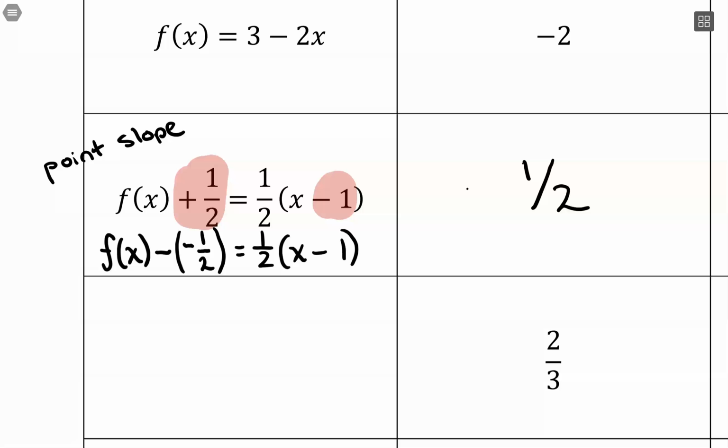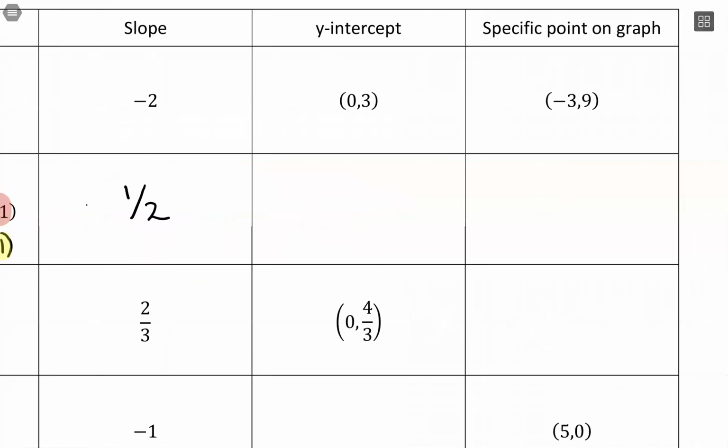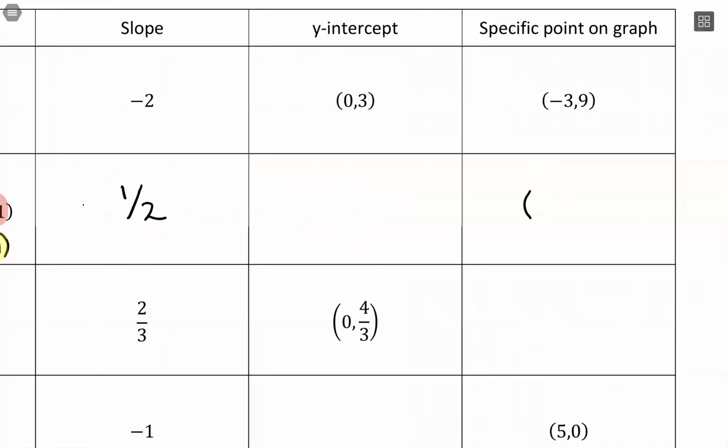So when I go to fill in the blank for this specific point on the graph, I have this negative 1/2 for my output value, and then my input, I don't include the negative because I want that subtraction to be there next to x. So when I grab 1, I'm going to grab a positive 1. So my point would be negative 1/2.